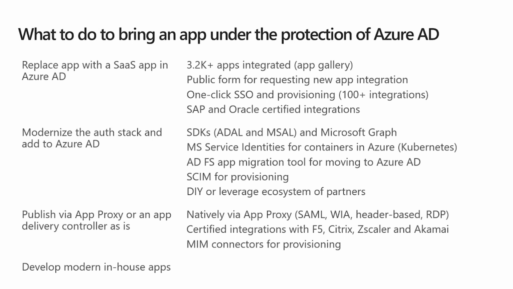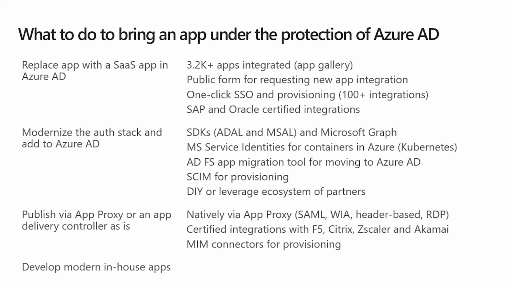Then your option is going to basically use a proxy, or use one of our delivery controller integrations like Citrix, Akamai, and any of the others, in order to be able to still benefit from passwordless, still benefit from all these modern security controls that Azure AD provides, but at the same time still support whatever that application needs from an authorization perspective. And in that case, it will be a proxy, or as I mentioned already, any of these integration vendors or network delivery controllers.